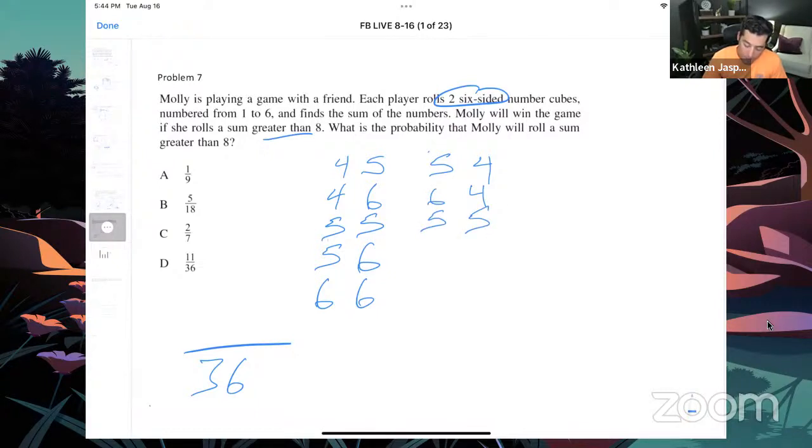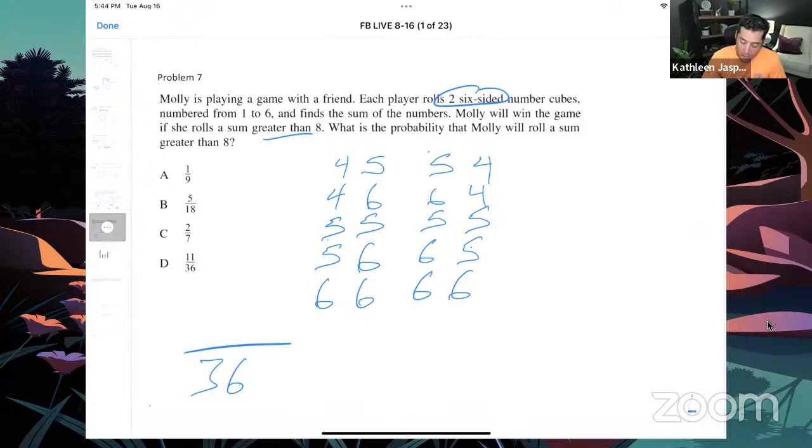Just because I got 5 here and 5 here, you might say that's the same number and doesn't count. There are 2 ways that you can roll 2 5s when you're shooting dice, in this case 2 six-sided dice. So now go ahead and do 6, 5, and then 6, 6.